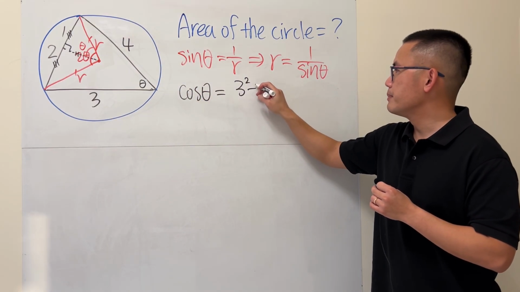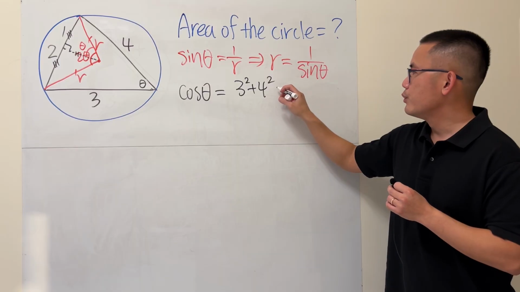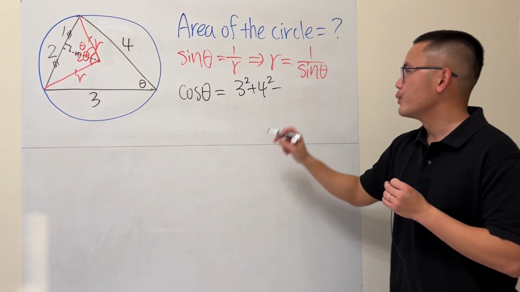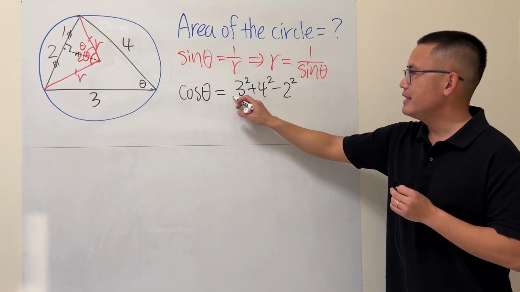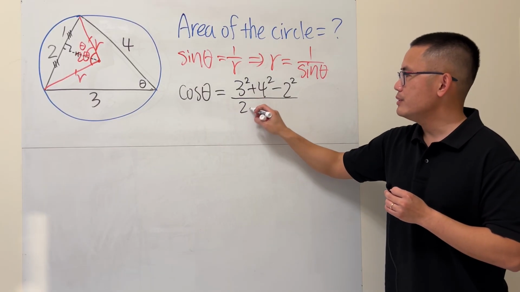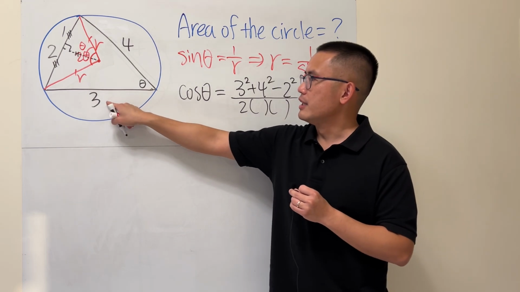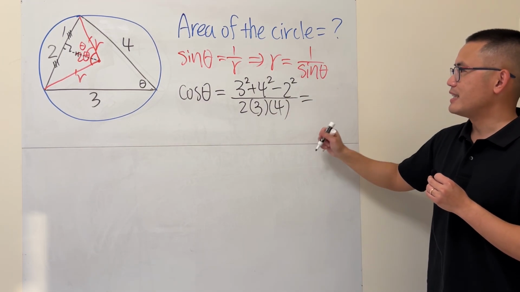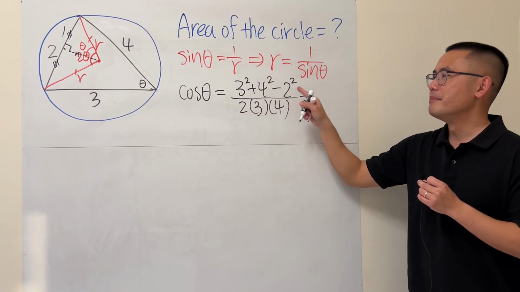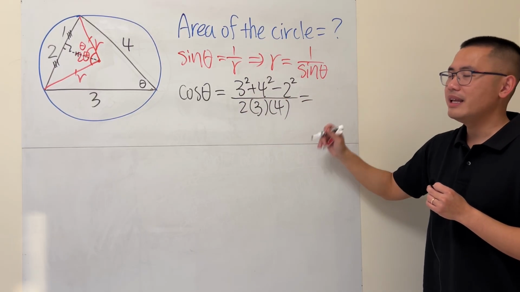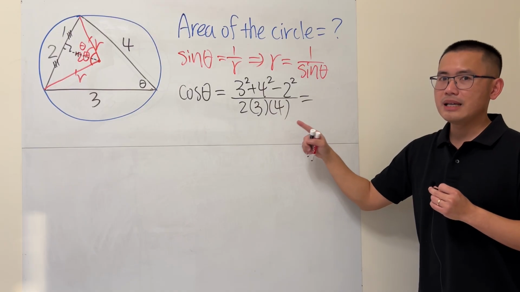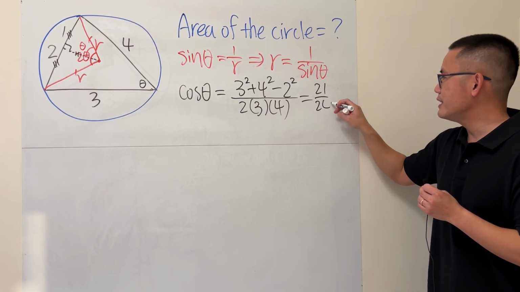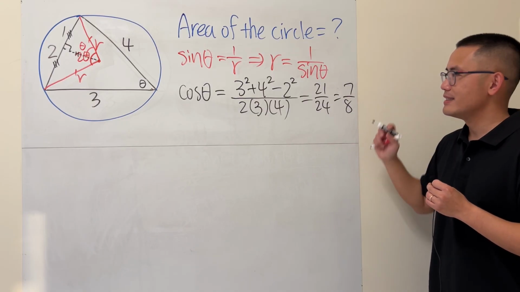So 3 squared plus 4 squared, then we have to subtract the opposite side squared, which is 2 squared, and then divided by 2 times its adjacent sides, so 3 and 4. And now let's just work this out. This is 9 plus 16 minus 4, that will give us 21. On the bottom, multiply this out, we get 24. 21 over 24, we can reduce that and we get 7 over 8.